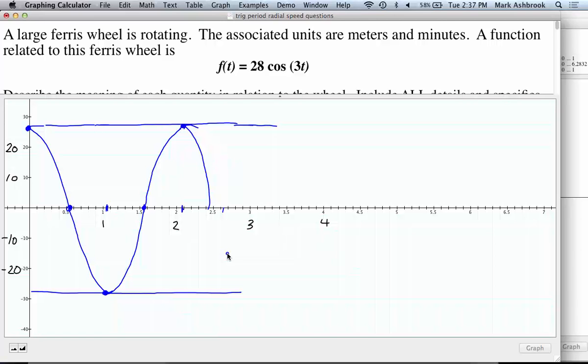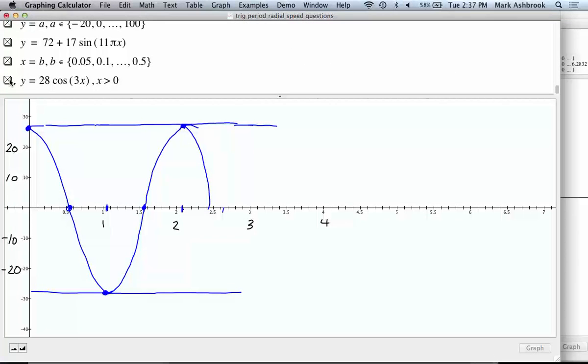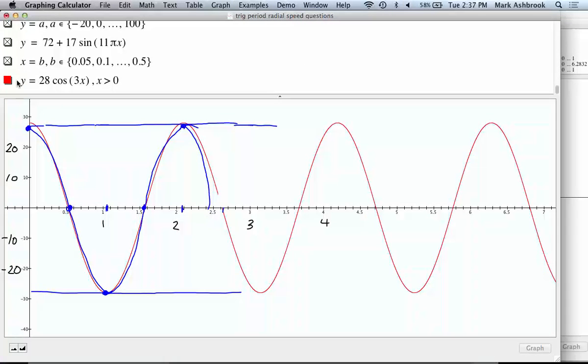So let's check our work here. Okay, so we nailed it. This is the idea of sketching these functions. You've got to find the period, and you're going to split that up into 4 parts.